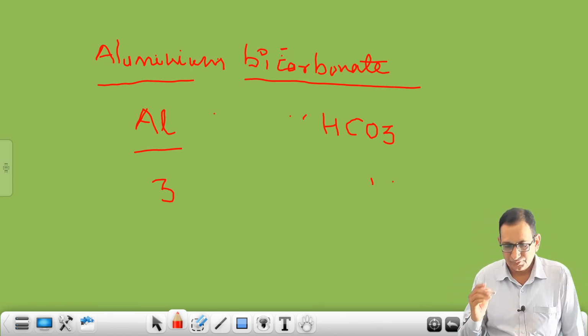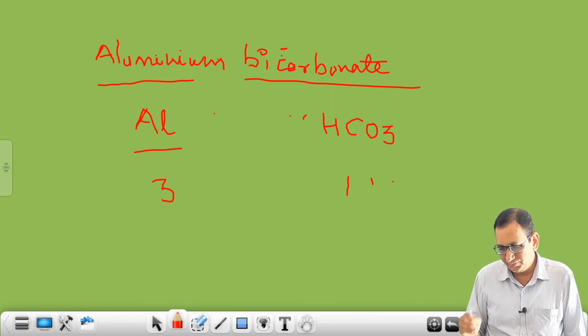Bicarbonate is a single negative ion, valency 1.